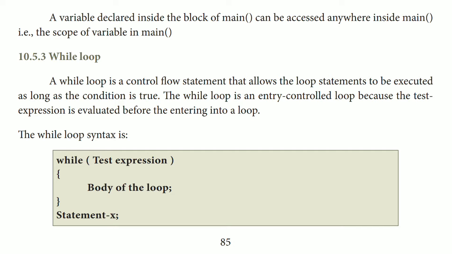And you can see that this is the syntax of while loop. So here you can see that while is the keyword, and you can give the test condition. That means the result of this test expression must be true or false.